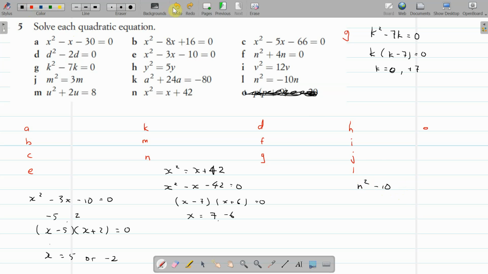Let's try that again. N squared equals minus 10n. I have to move that over here, plus 10n. That's better. And then we factorise by doing n times (n plus 10). N has got to equal 0 or minus 10. Thank you very much.